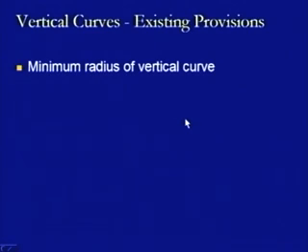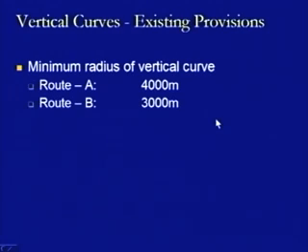There are some other provisions which have come up, and the existing provisions in the case of vertical curves we will be looking at now. The minimum radius of the vertical curve has been defined already, on the basis of the gauge as well as the route on that gauge. In the case of route A of broad gauge, this minimum radius has been defined as 4000 meters, whereas for route B it is 3000 meters.